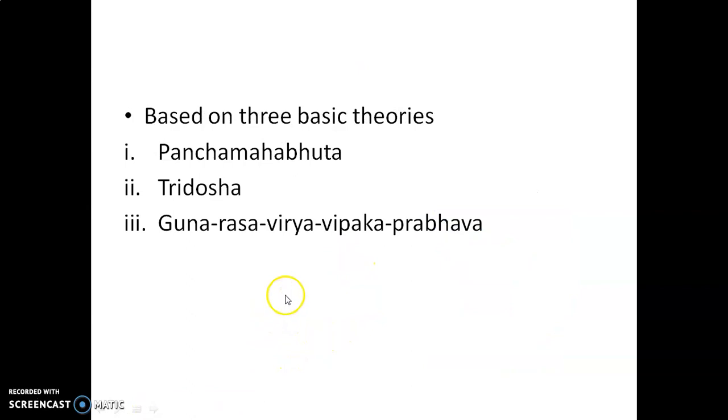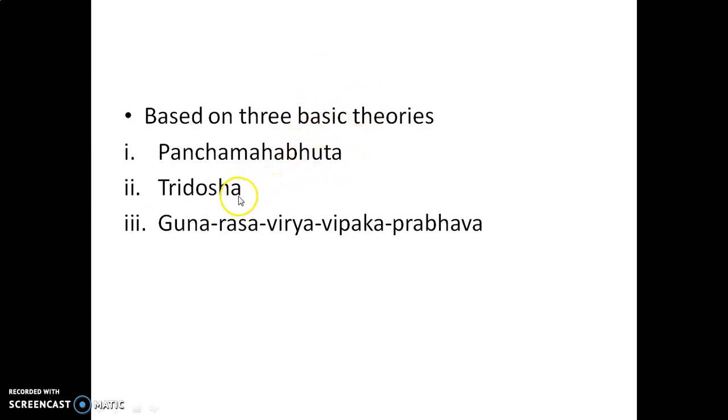So basically the Ayurvedic system of medicine we can express under three basic theories. So this Ayurveda is based on three basic theories. One is the Pancha Mahabhuta Siddhanta, which expresses the anatomy and physiology of the body.